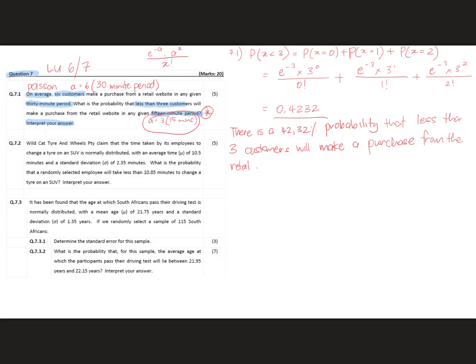And that is it. Okay, so that is your question 7.1. It's your Poisson distribution. Let's look at 7.2.